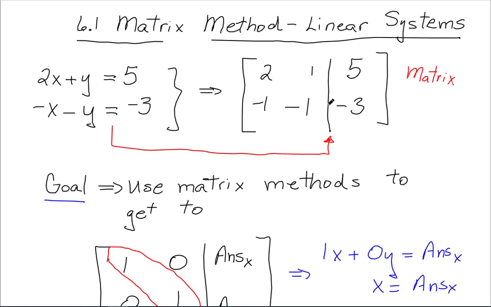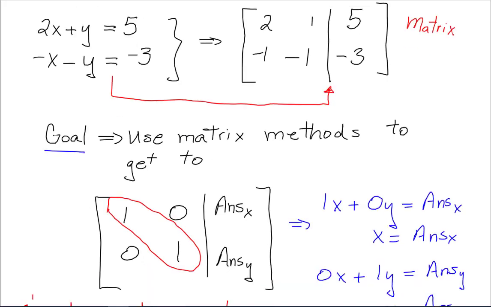Now I have this vertical line. And now I just grab all of the coefficients, 2, 1, 5, see, 2, 1, 5, minus 1, minus 1, minus 3. And so we just list them in this array of numbers, and we call this a matrix.